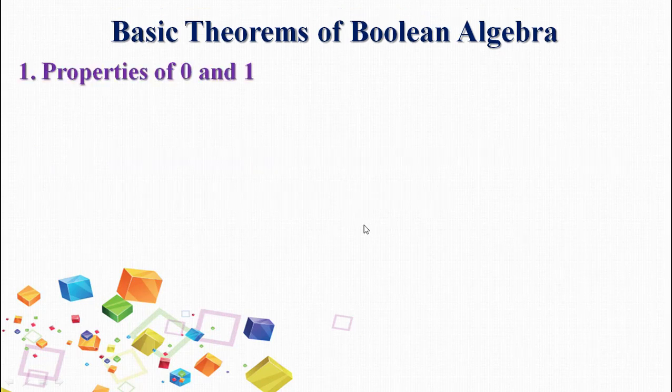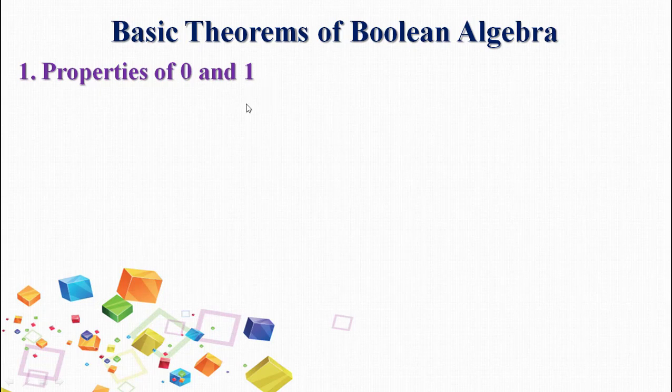So, let us move to the first theorem, that is properties of zeros and ones. What does the properties of zeros and ones stand for? It is nothing but: when a 0 is added with something, what will happen? When a 0 is multiplied with something, what will happen? Similarly, when a 1 is added with something, and when a 1 is multiplied with something, what will happen?